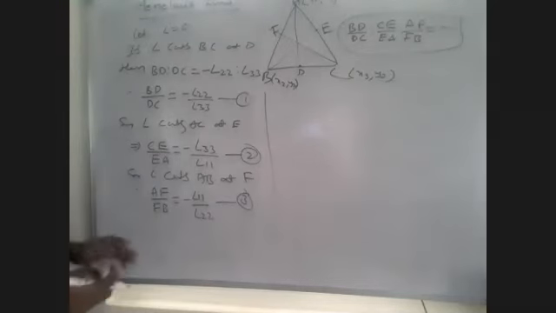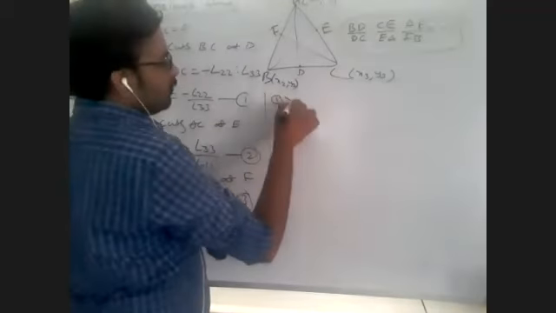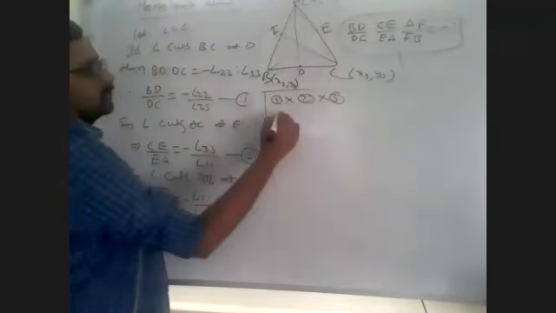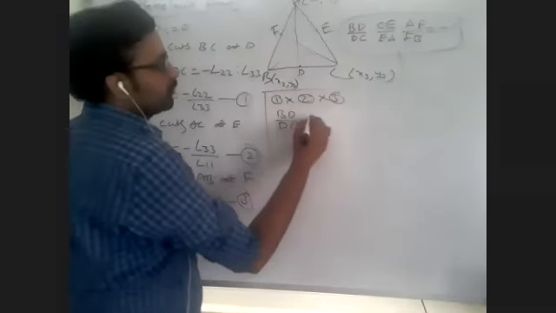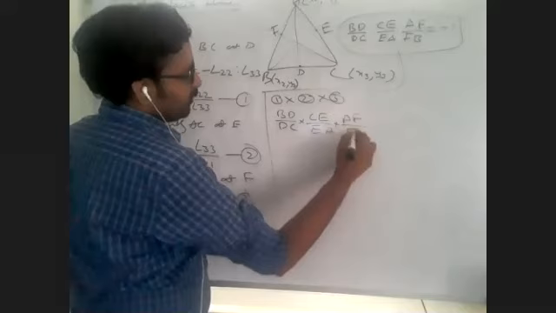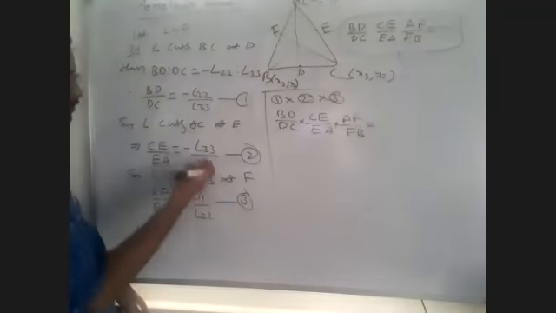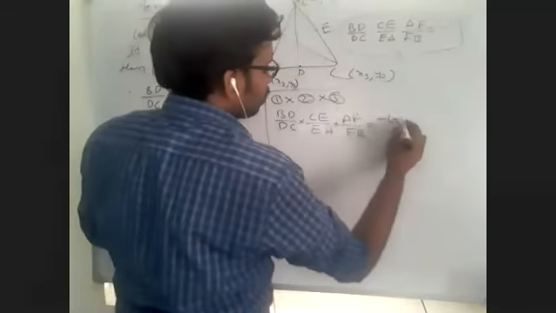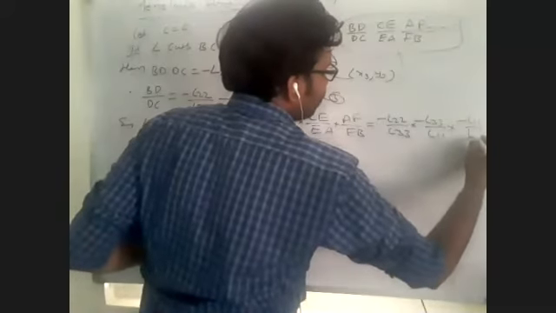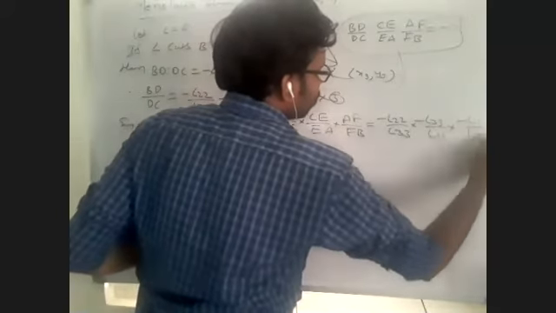Now we have to show that this product is equal to minus 1. So we multiply 1, 2 and 3. BD by DC into CE by EA into AF by FB is equal to minus L22 by L33 into minus L33 by L11 into minus L11 by L22.